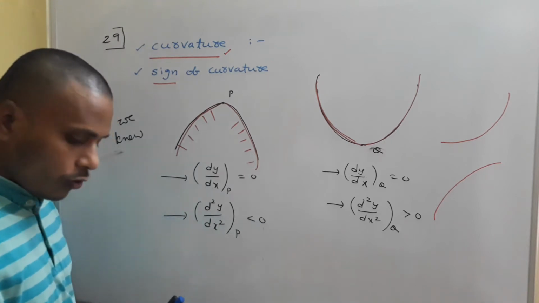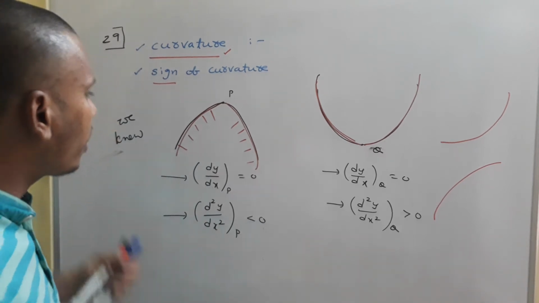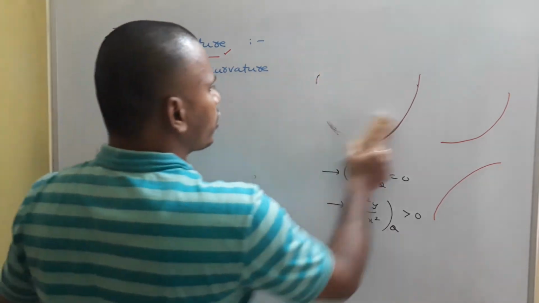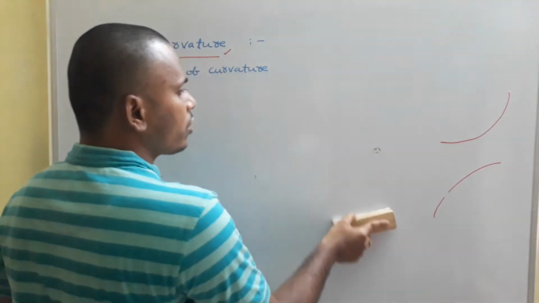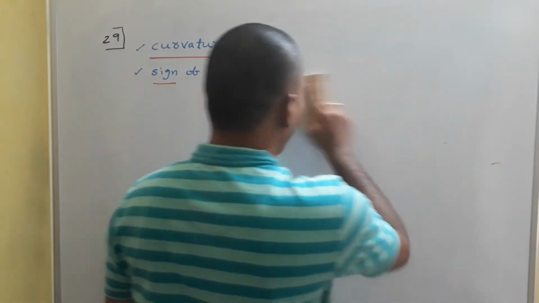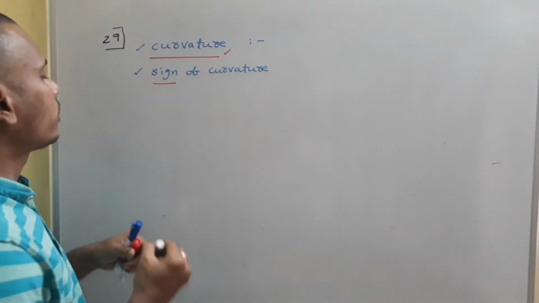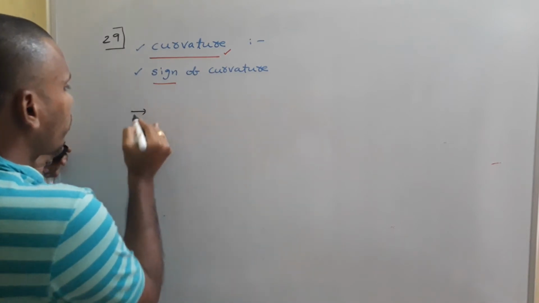Okay, I will tell you when we say the graph of a function is concave upward, and when there is a chance to say the graph of the function is concave downward. First of all, what I am going to tell you is, just have a look.